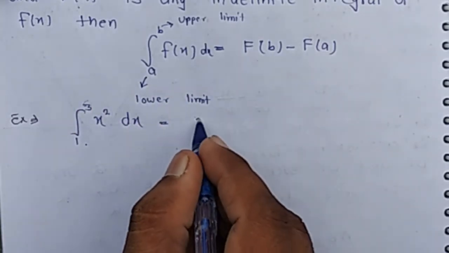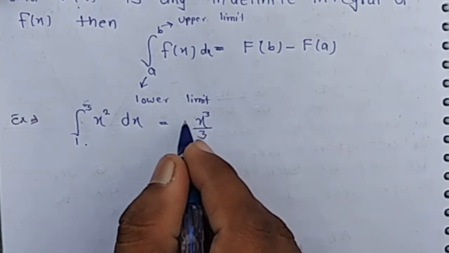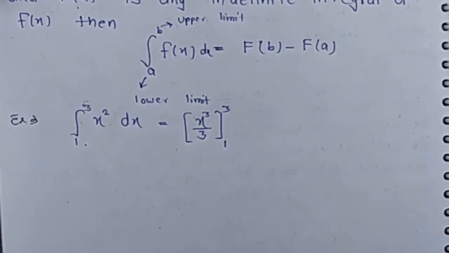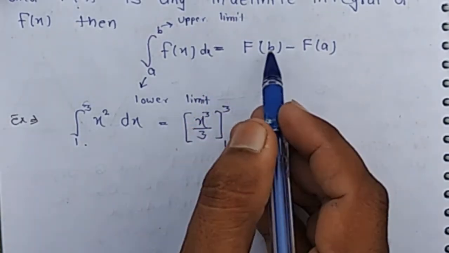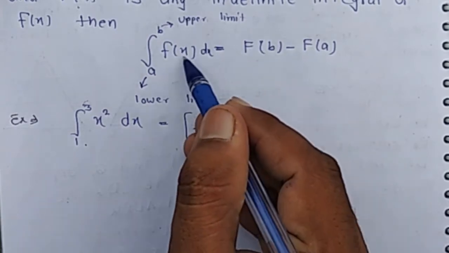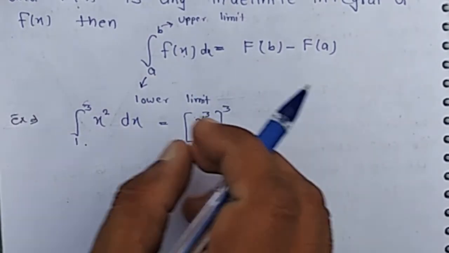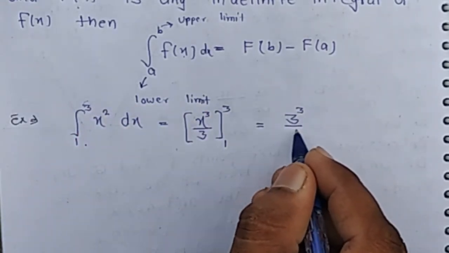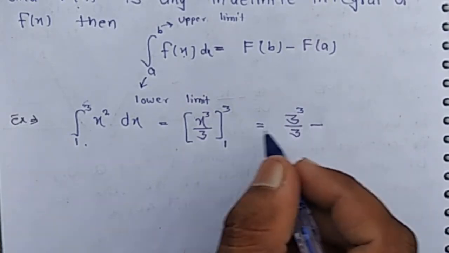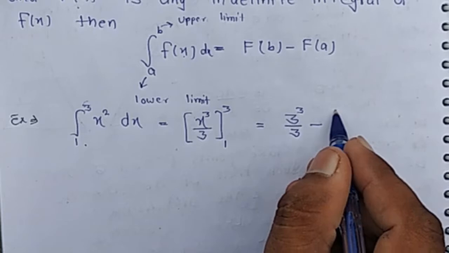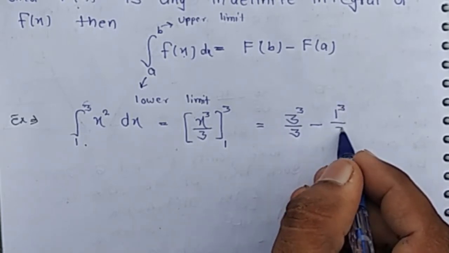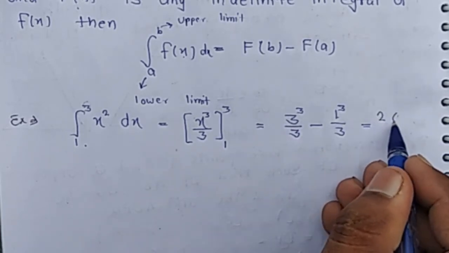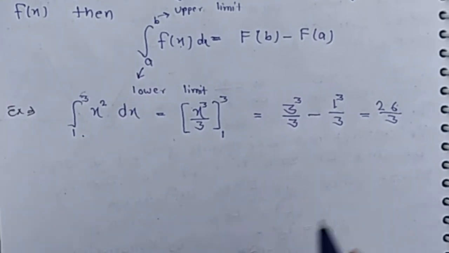Integration of x square is x cube by 3, with limit 1 to 3, and we put the upper limit in place of x in the integration of x square, meaning 3 cube by 3, minus the lower limit in place of x in the integration of x square, and we have 27 minus 1, 26 by 3. It is the answer.